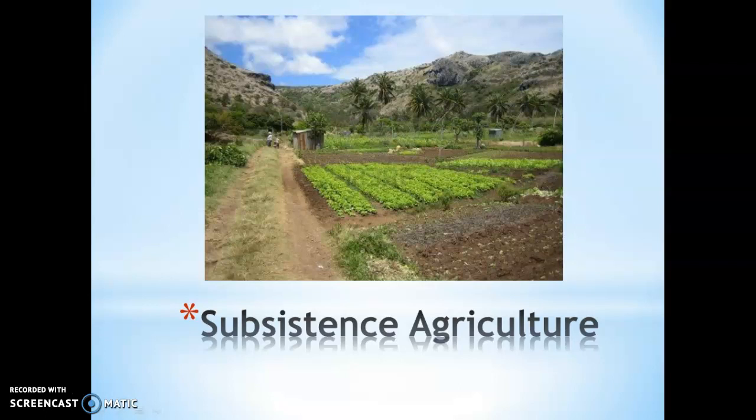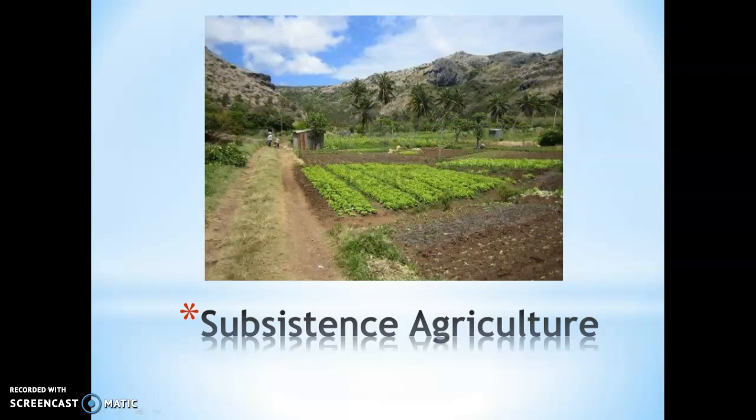Another type of subsistence agriculture that you still see in some areas is pastoral farming, dealing with animals, moving animals on a seasonal basis. So some form of nomadism as they still move places around. We also call that transhumance, where you move animals from the winter grounds to the summer grounds and then back again.